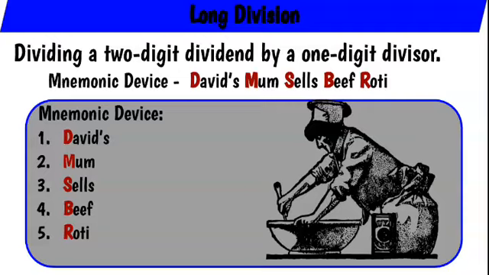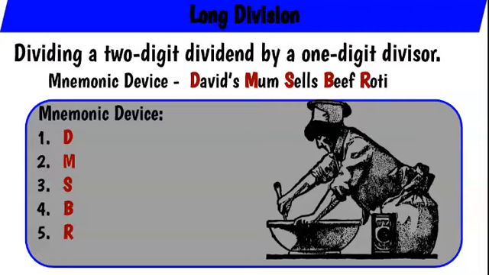Now when doing long division, sometimes we tend to forget the steps. Here we have a mnemonic device that's going to be used in our lesson to help remember the steps in doing our long division problem. Our mnemonic device: David's mom sells beef roti.